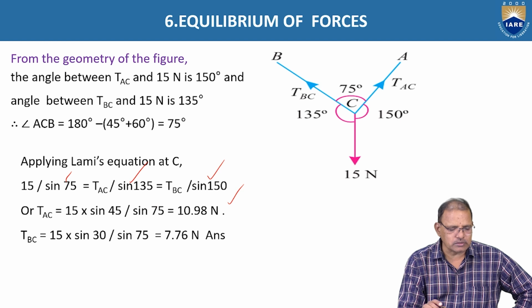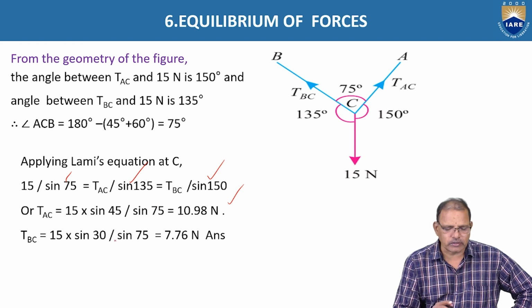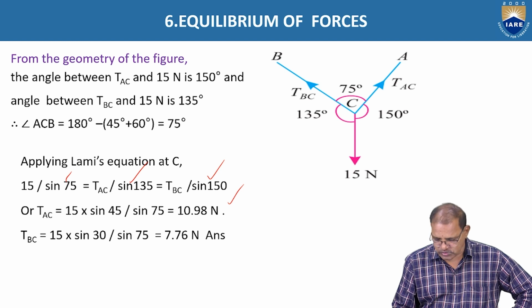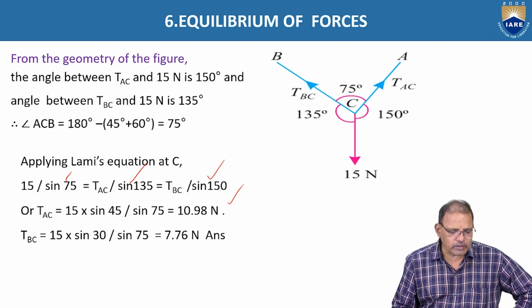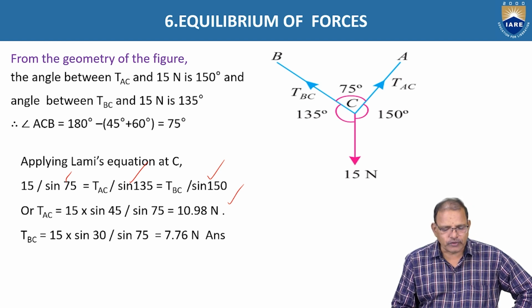Similarly, TBC is equal to 15 into sin 30 divided by sin 75, which is equal to 7.276 newtons. So we can determine the magnitude of each force directly by using the simple equations according to Lami's theorem.